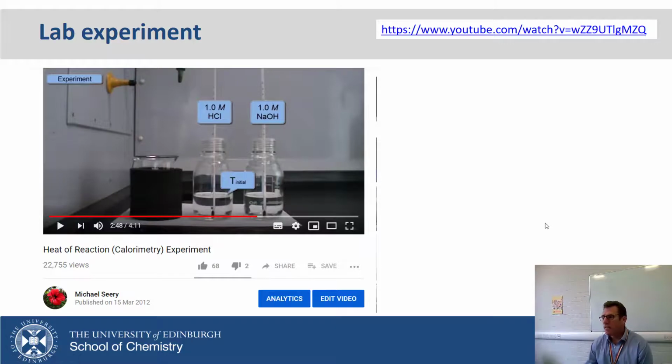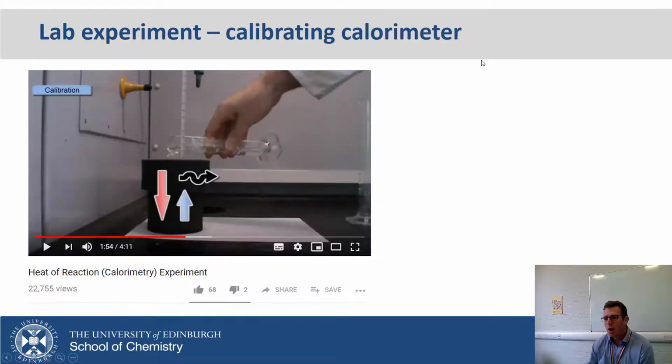And this is the basis of the lab experiment, which I think you've already done. So this video will go through that experiment in detail, but essentially this is using the idea of calorimetry and heat transfer to work out heats of reaction. I'm not going to go through it in detail here, but you've done it in the lab.